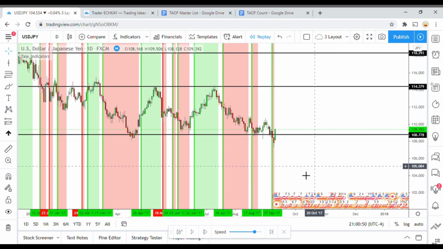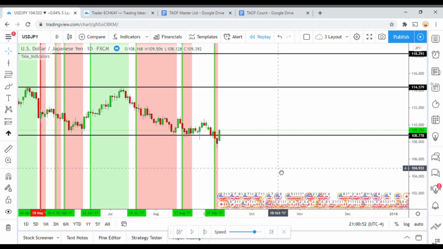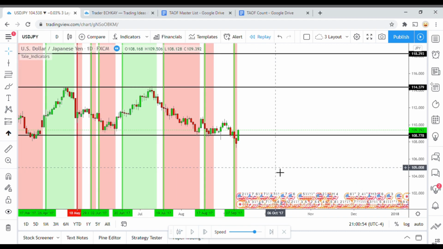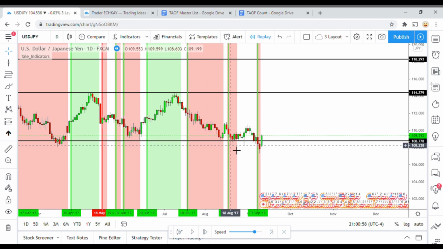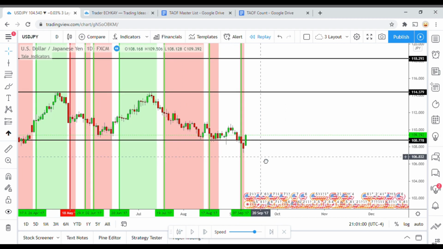Right there. And so remember back over here, whenever I was explaining that market makers will often run prices through levels and try to pick up the breakout traders.